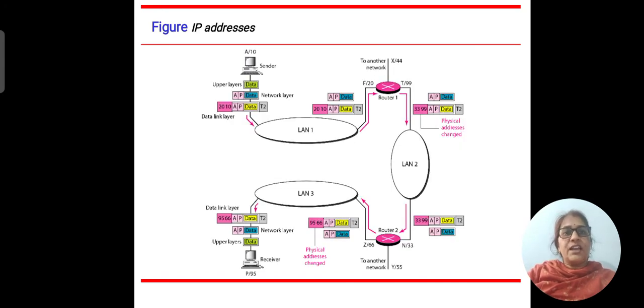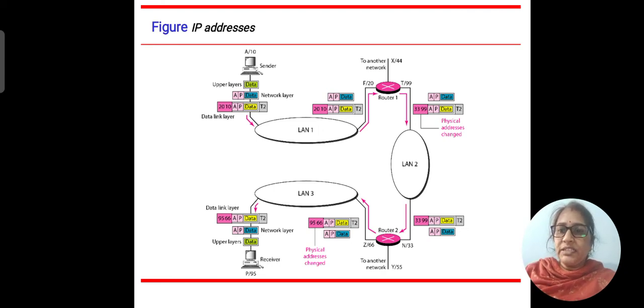So next is our IP addresses. As seen in this slide, we have the block diagram of IP addresses, in which the computer with logical address A and physical address 10 needs to send a packet to the computer with logical address P and physical address 95.